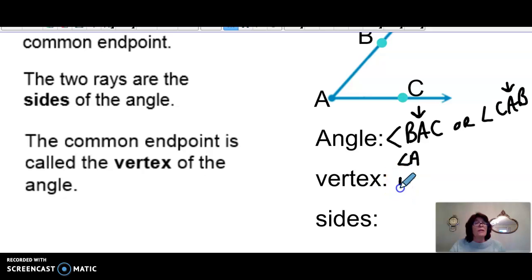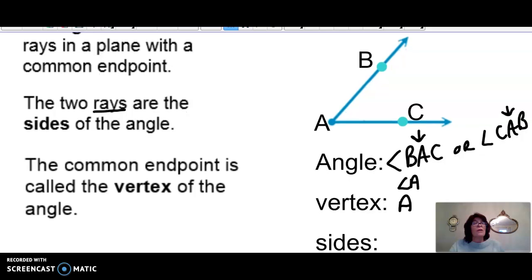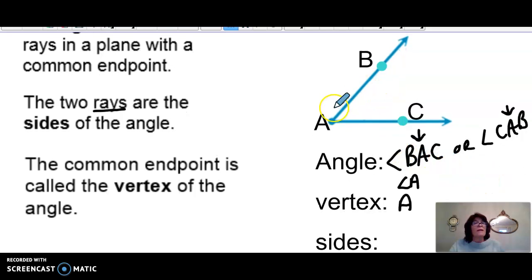The vertex is a point. The vertex is A. We don't have to put angle A, okay? We know the vertex is a point, so the vertex is A. The sides are rays, and then it does matter which order we write. I'm not going to say BA because that means I start at B and extend in the direction right through A. So the sides of this angle are ray AB, and I'll put a little ray at the top.